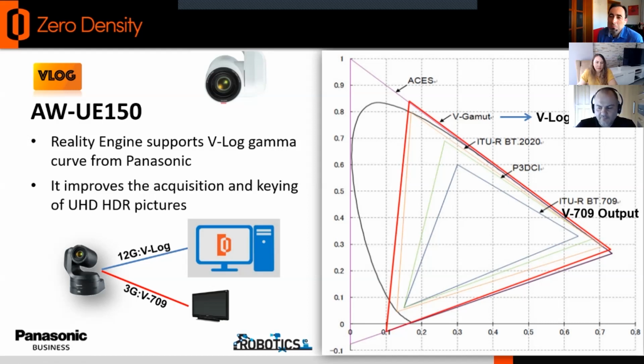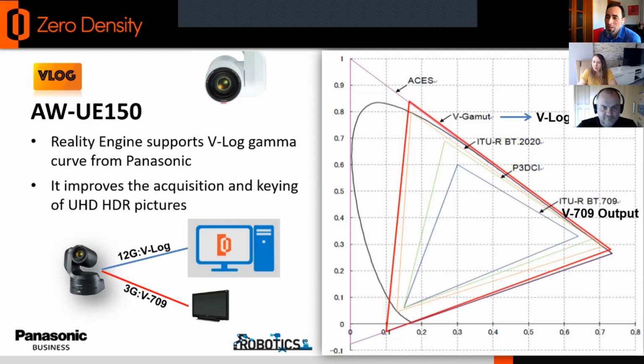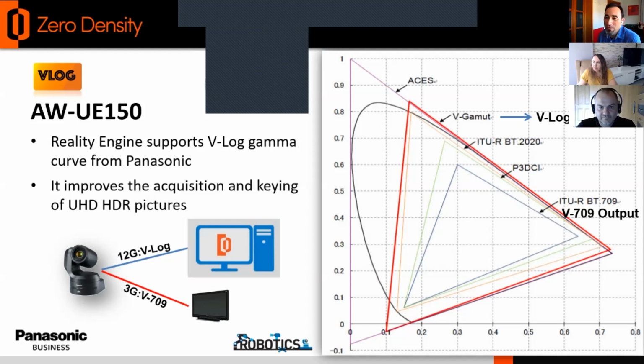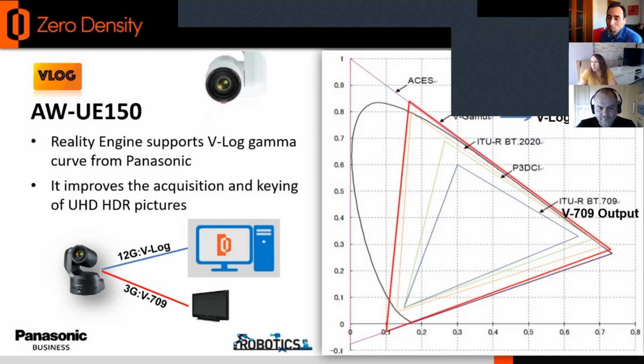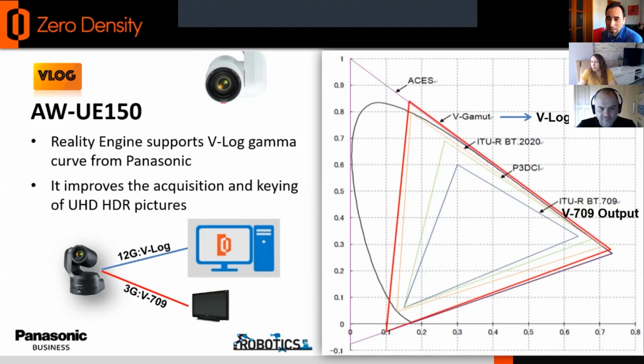Initially this logarithmic curve was mainly for cinema look applications, but now it has also become a way to improve the quality on your gear, because you take that signal, which is more pure, and you can process it in a better way, with a better result in the output, right?